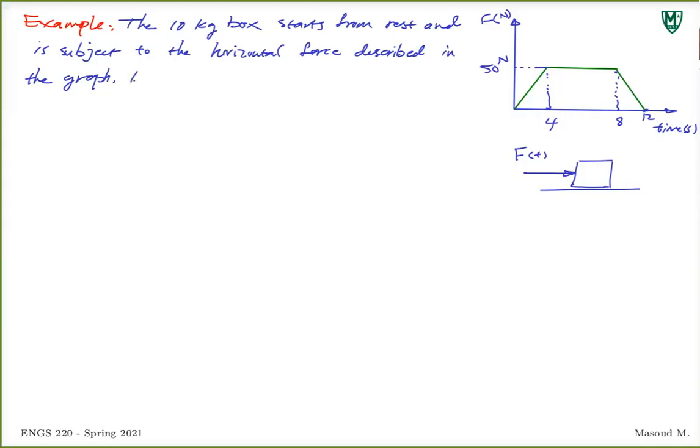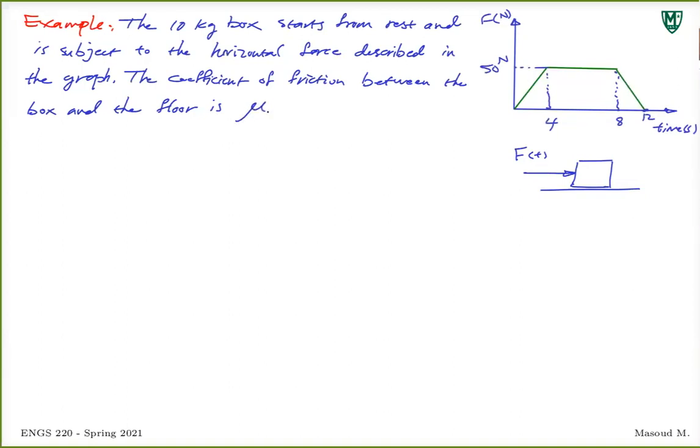Now, it says the coefficient of friction between the box and the floor is, well, to make our life easier, they told us that the coefficients of static and kinetic friction are equal, which means this should be mu k, and that's 0.2.